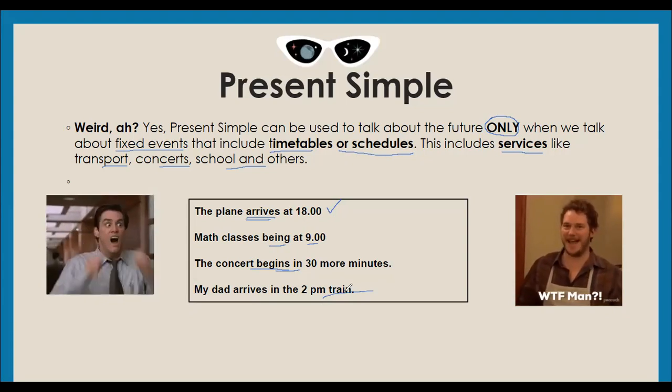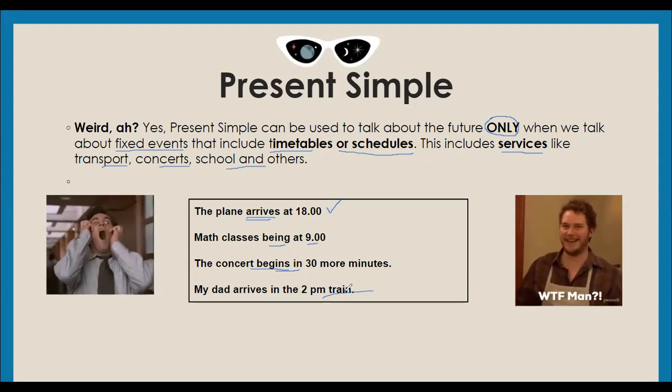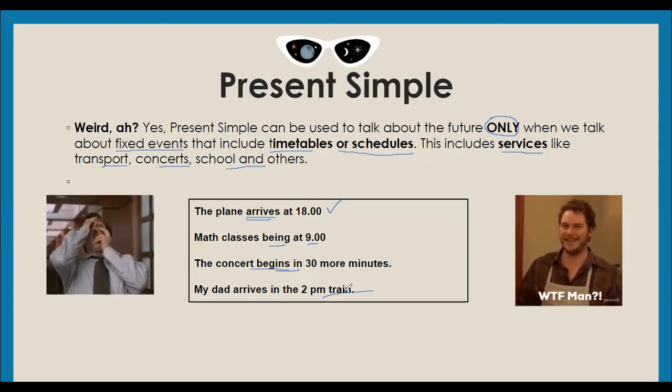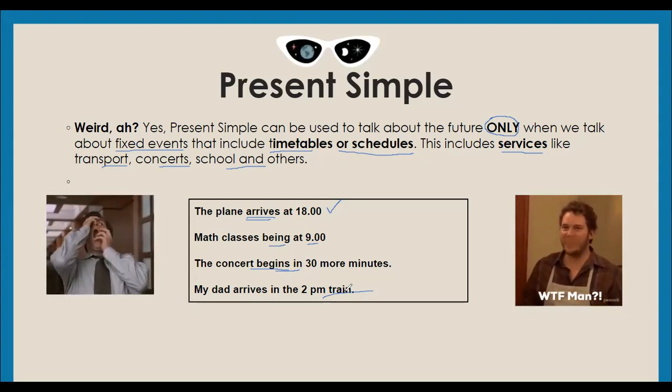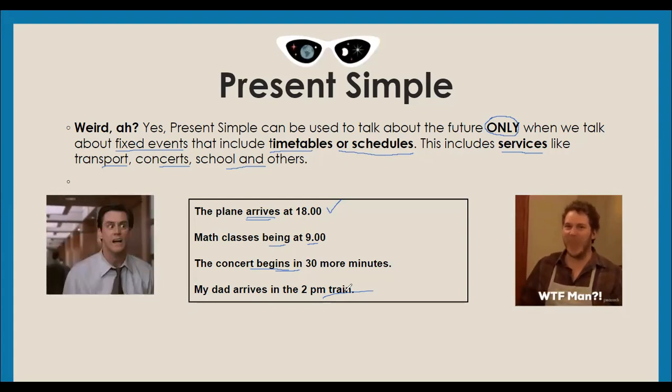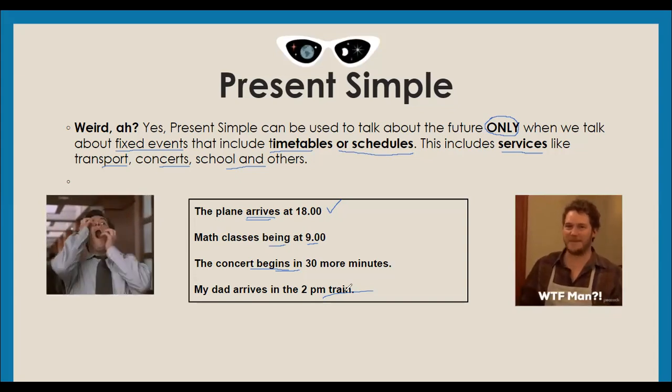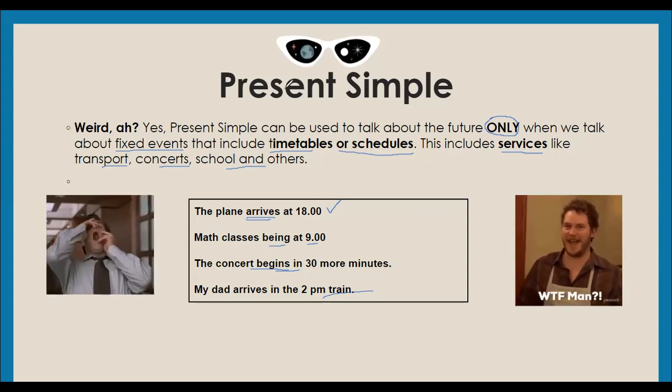It's very strange to see a train or a plane arriving earlier. It might happen, but it's not that common. Usually they arrive on time or a bit past or a bit earlier, but it's not common to see something arriving much earlier than scheduled. Any questions about the present simple for the future?